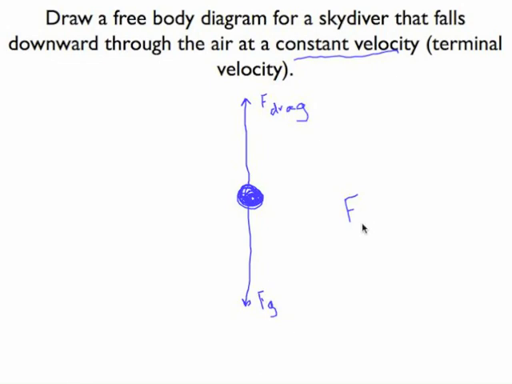And I tried to draw these arrows the same, but just in case, I'm going to write this next to it. And this lets anyone reading my diagram know that I meant these two to be the same size, even if they're not. Okay, so if someone, for example, was trying to grade your free body diagram, they would be able to grade it very easily because they would know that you meant these two to be the same.